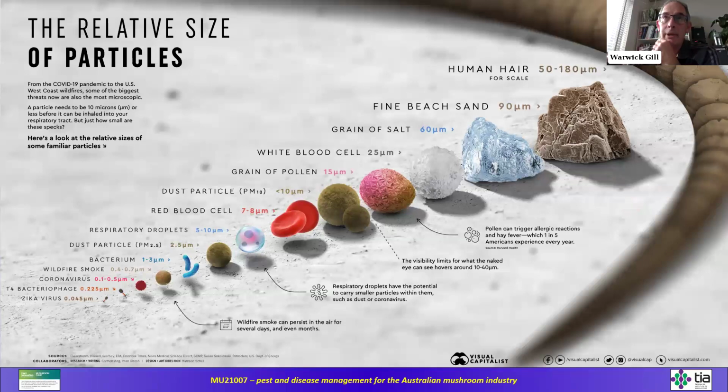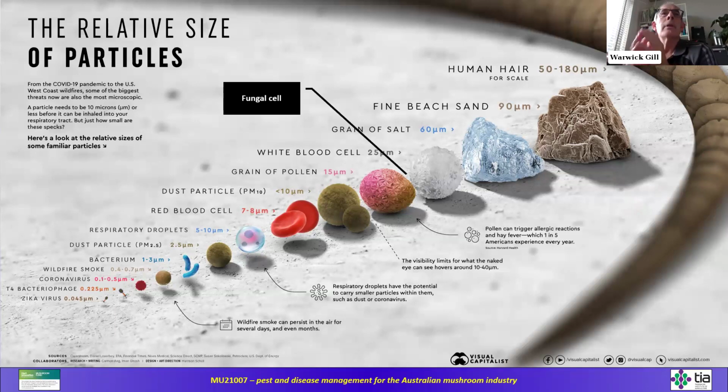These things vary in size. So to put them in scale, this is why we can't see these things. A fungal cell is somewhere between a white blood cell and a grain of pollen in size. A mushroom spore, in which viruses are spread, is somewhere between a red blood cell and a respiratory droplet, so a cough droplet.